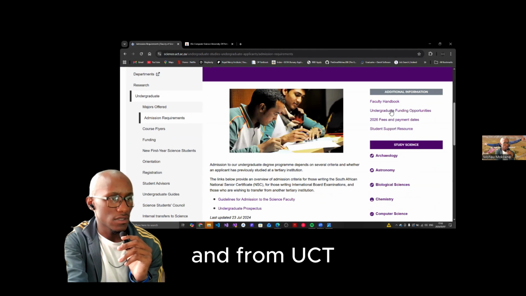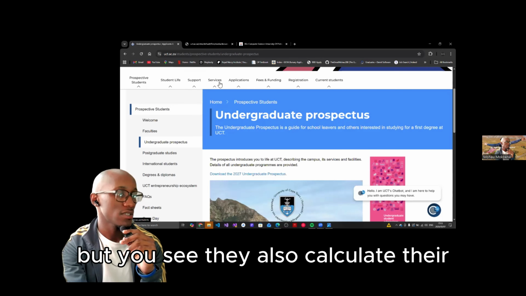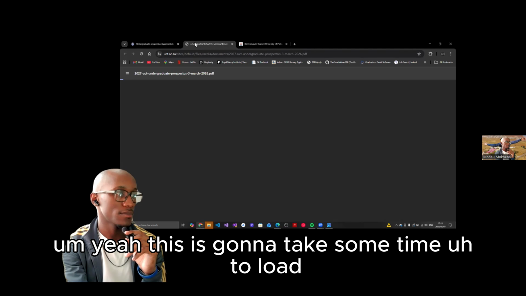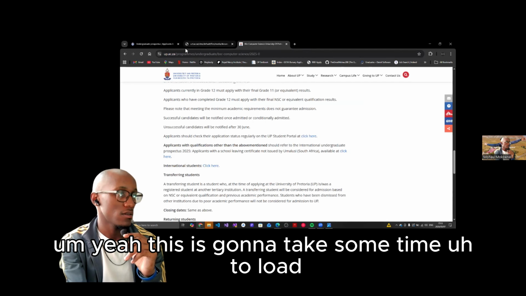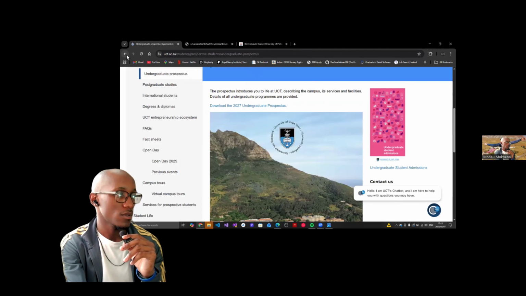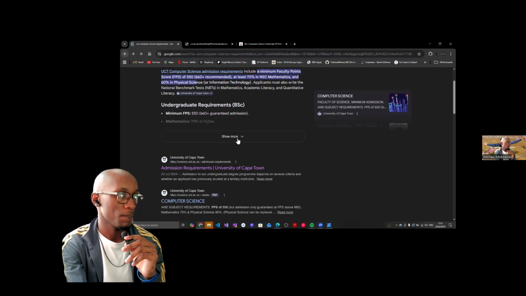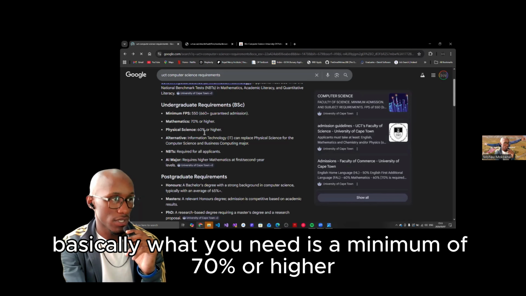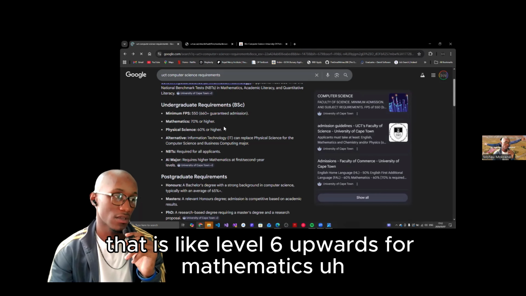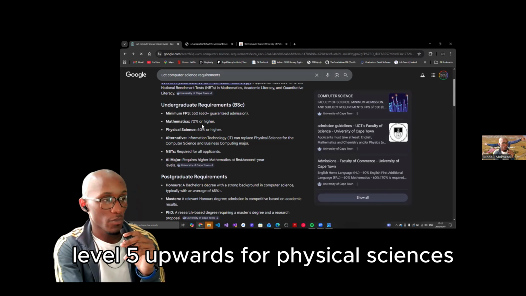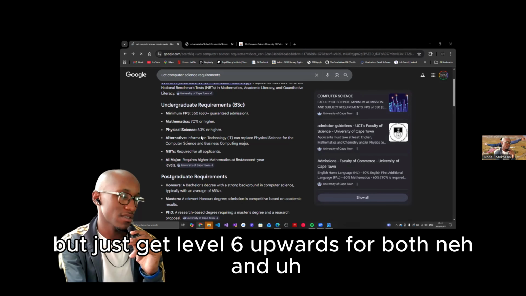And from UCT, they also calculate their, yeah, this is going to take some time to load. Basically, what you need is a minimum of 70% or higher. That is like level 6 upwards for mathematics, level 5 upwards for physical sciences, but just get level 6 upwards for both, né?